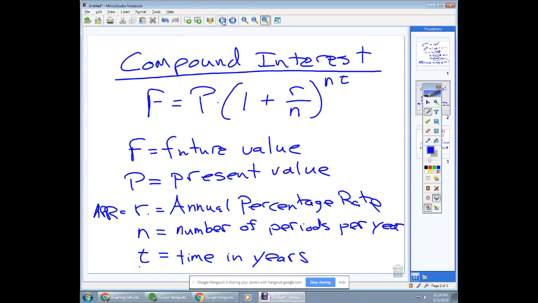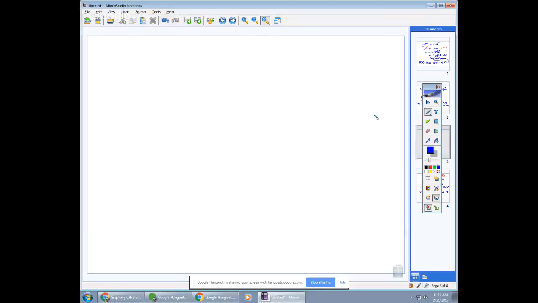If you take this compound interest formula right here, and you take the limit as n goes to infinity, which is kind of what I was aiming at in that graph, the base becomes E. I'm not going to do all the algebra for it.